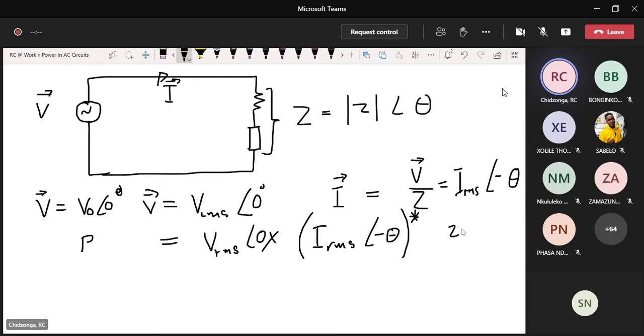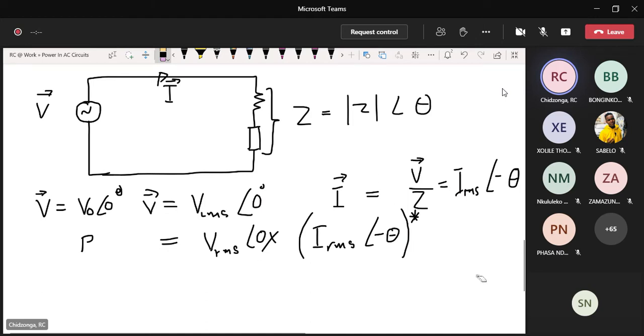If you have got a complex number, which is say 1 plus j2, the conjugate is simply 1 minus j2. You change the sign of the imaginary part. If it's written in polar form, you change the sign of the angle, right?